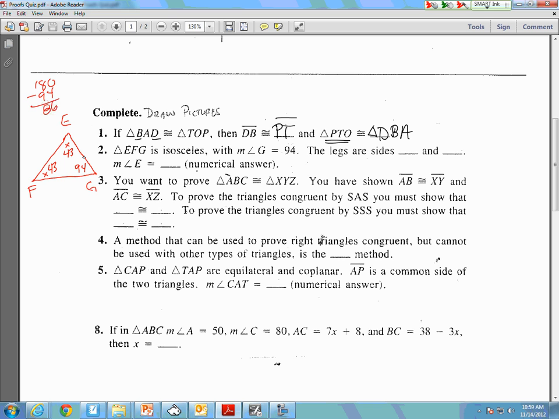Remember, one triangle can't have two angles that are obtuse. 94 is obtuse, so that means these two angles have to be acute, and therefore those are the two that have to be congruent. So now this side here would be congruent to that side there. So the legs are sides EG and FG. And the measure of angle E, that angle right there, is 43.